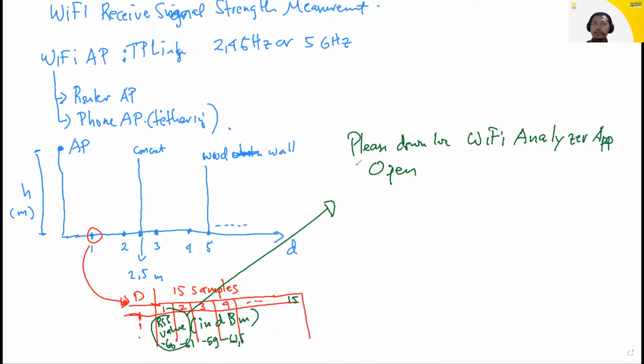after opening, select the symbol, something like this, and then select the signal meter.